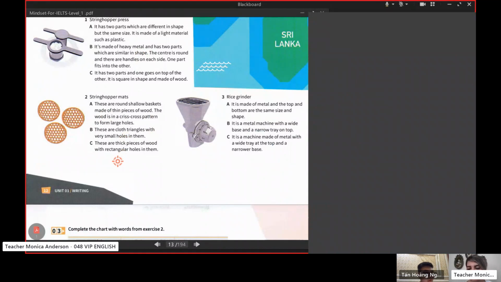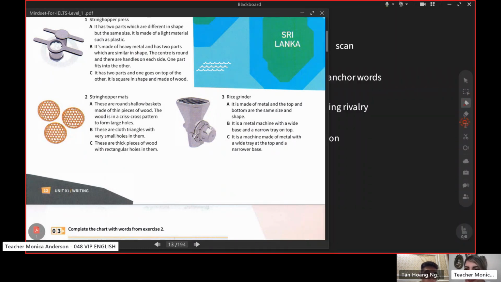It's crisscross. Look at the shape. As you can see, this means crisscross. Let me show you. Let me find my pen to write. For example, something like this, this one, and this one.